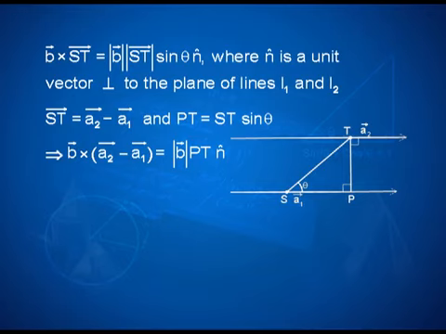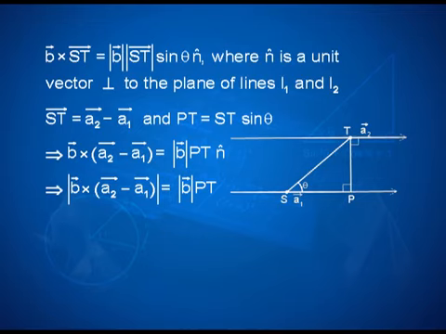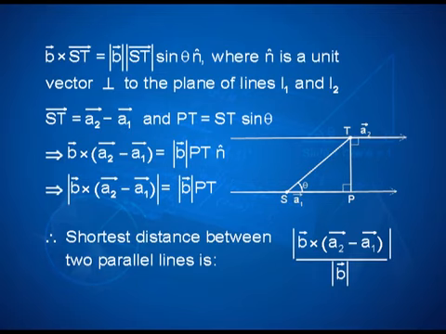If I just equate the magnitude of the two sides, I will get magnitude of B cross a2 minus a1 to be same as magnitude of the vector B into distance PT. And therefore, the shortest distance, which was PT distance, becomes same as the magnitude of B cross a2 minus a1 divided by magnitude of the vector B.